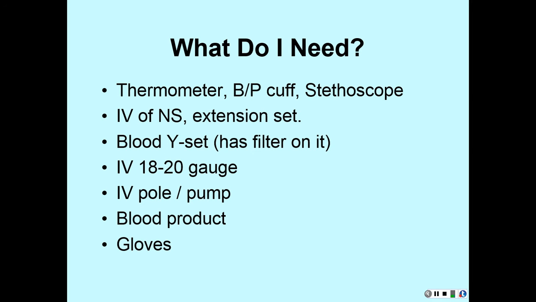Blood tubing is also called a Y set, and I'll show you a picture of it in just a minute, okay? Of course, you need a pole and a pump. And we always hang normal saline with blood. In fact, that's what we piggyback our blood into, normal saline.